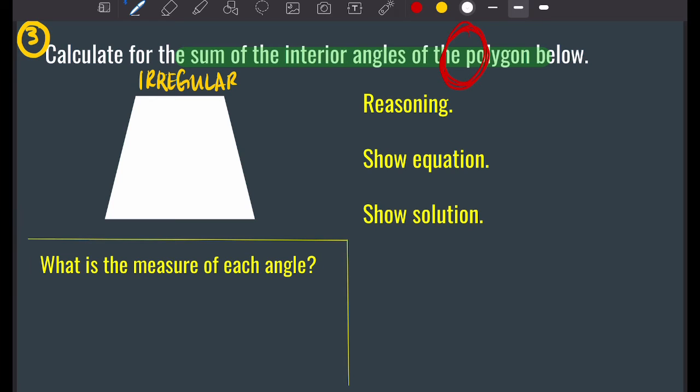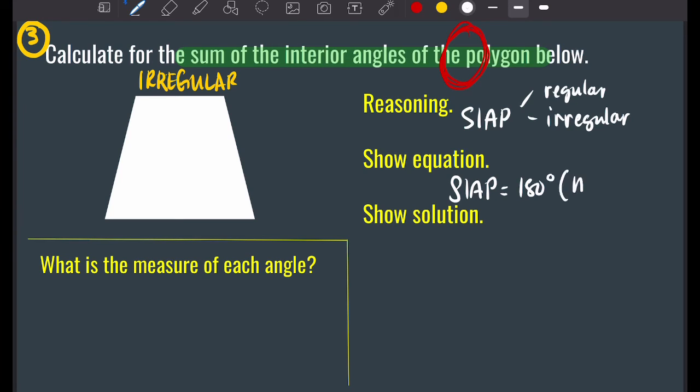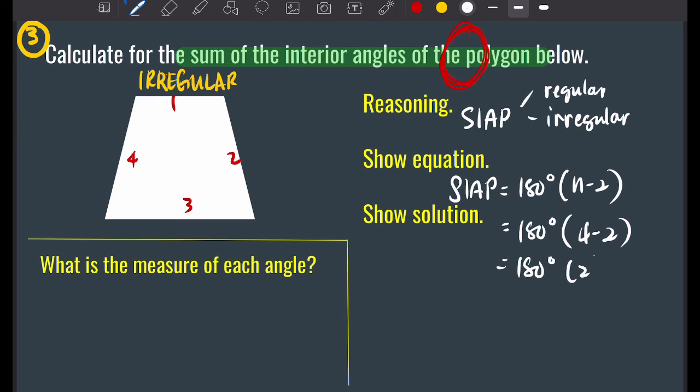Can we use the sum of interior angles of a polygon? Yes, because this formula is for both regular and irregular polygons. So SIAP equals 180 (n minus 2). What is n? Let's count: 1, 2, 3, 4 sides. It's a quadrilateral. 4 minus 2, 180 degrees times 2 equals 360 degrees.